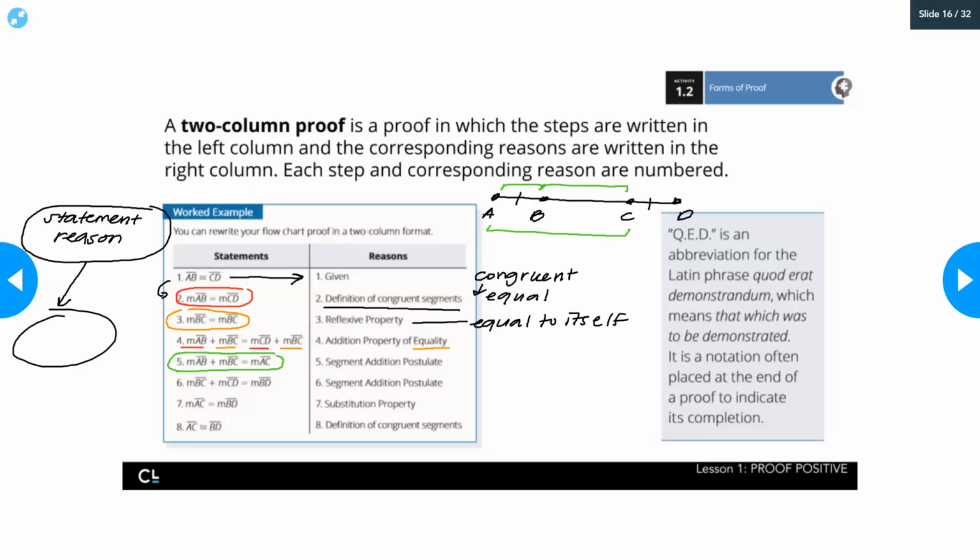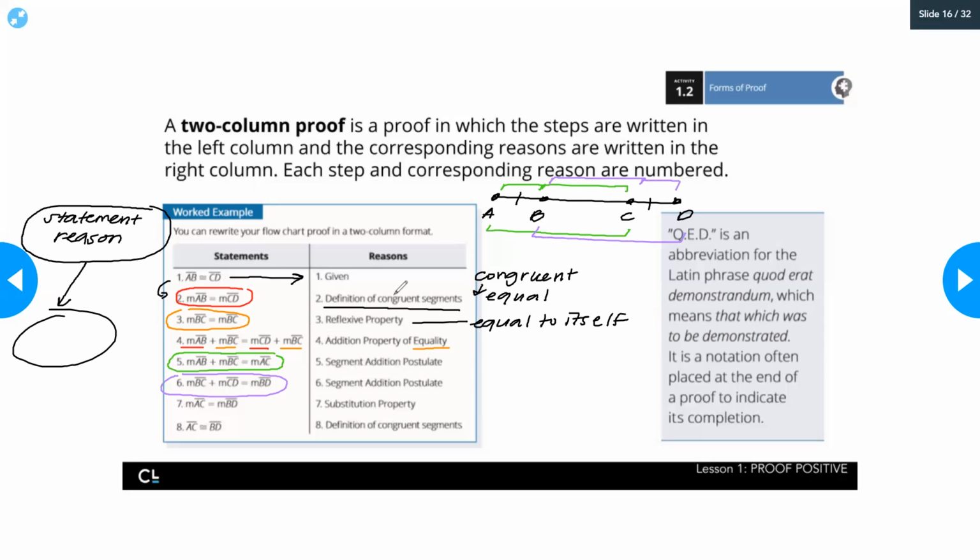Okay, that's our segment addition postulate. And then similarly, we have BC plus CD equals BD. So I'm taking this piece BC and adding it to CD, and knowing that if I wanted to, instead of saying BC plus CD, that's the same thing as just saying BD. Okay, they're the same length.